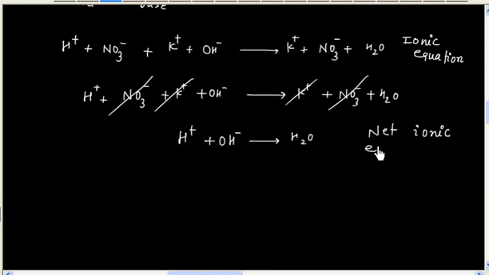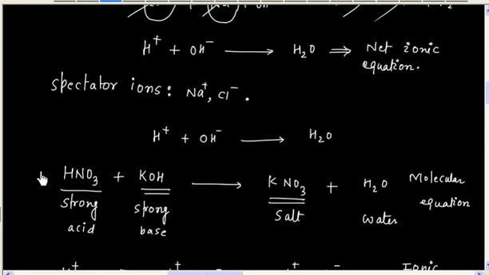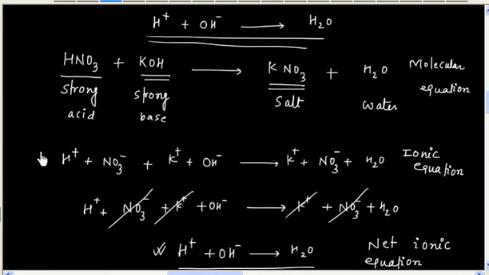This is net ionic equation. Now one important point we have, whenever we have a strong acid and a strong base reaction, net ionic equation is same. You see in this case we have H plus plus OH minus H2O, that is 1 mole H2O formation. You see in this reaction again we have net ionic equation is same.